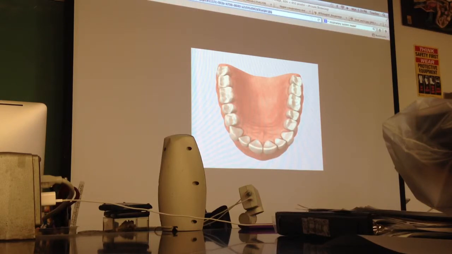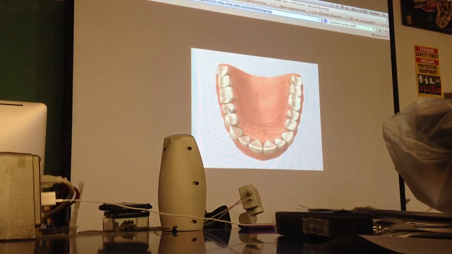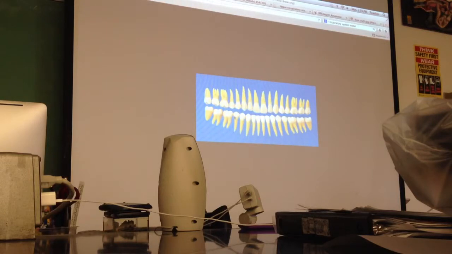Alright, next we have the premolars and the molars. So the best way to identify that these are either a premolar or a molar is by the flat surface. If it has a flat surface, it's going to have the word molar in there somewhere. The way that you will decipher whether it's a premolar from a regular molar is by looking at the roots. These 2 are premolars, and you can see that they just have a single root going down.